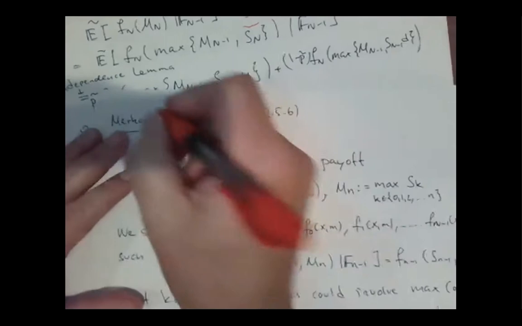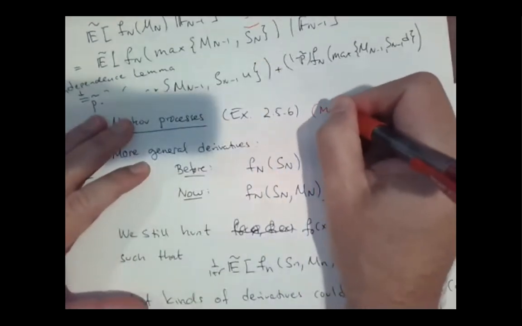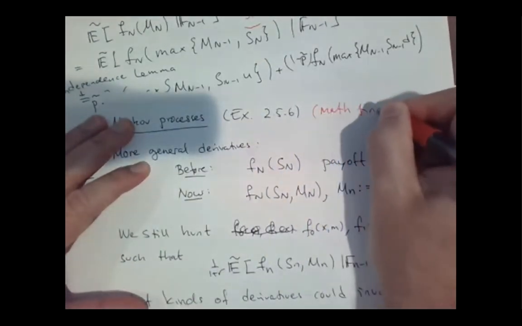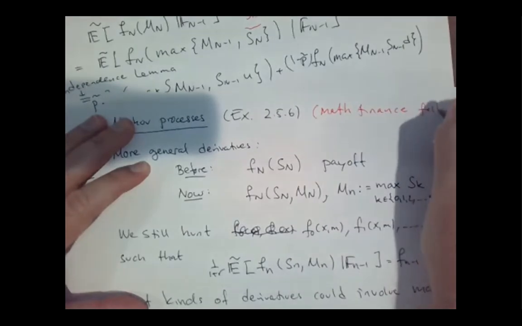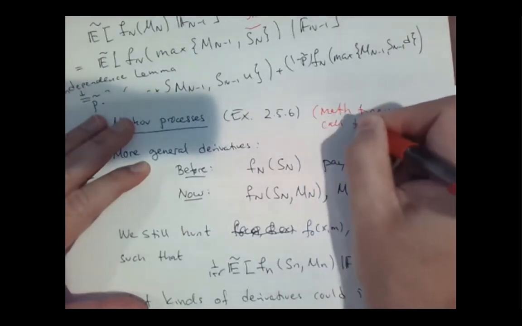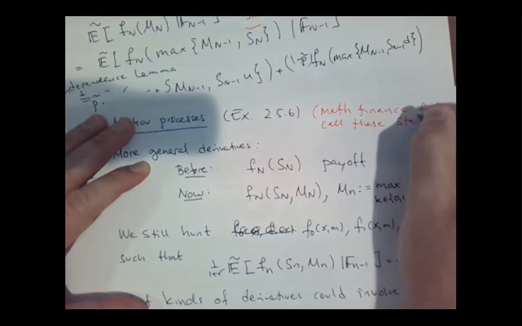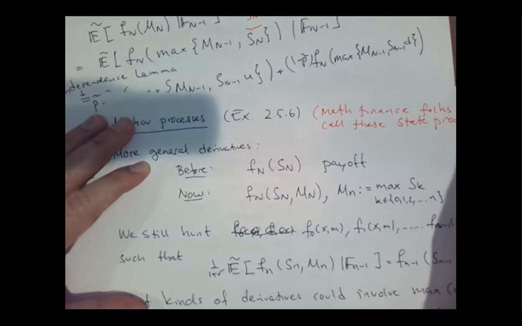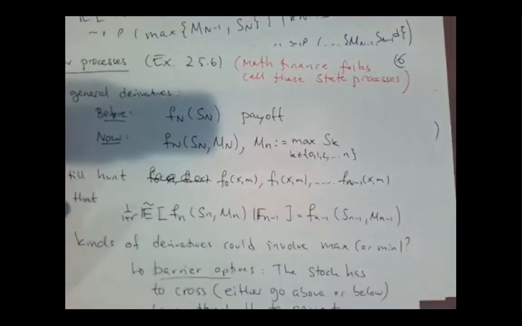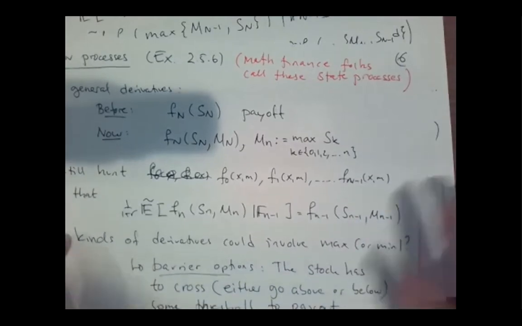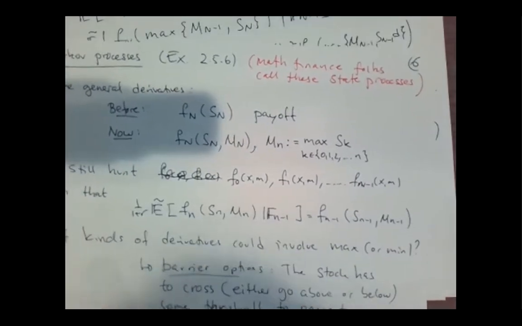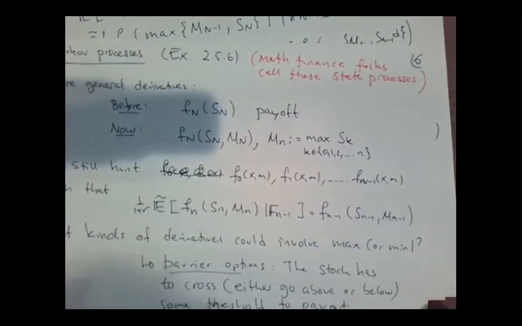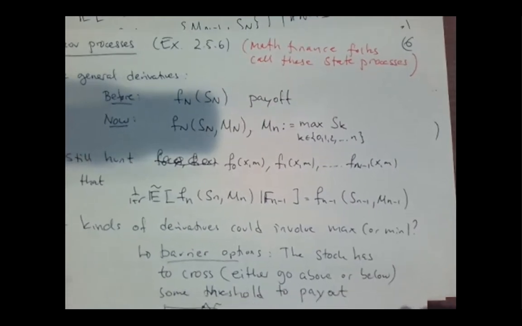As I said before, math finance folks, I call these state processes, and this is including our textbook. So you need to figure out what the states are, and the state processes. Those are the ones you have to keep track of when you perform this conditional expectation calculation.